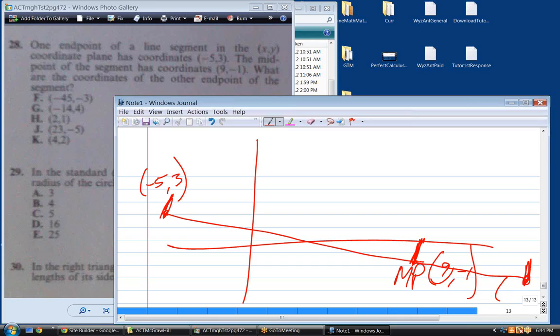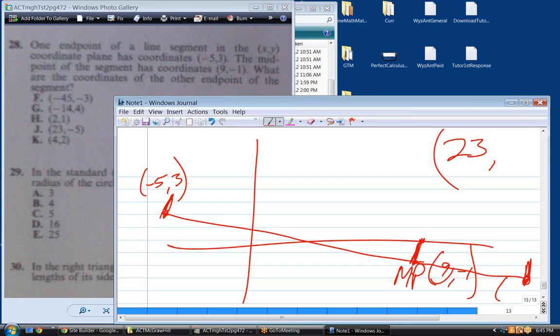Once you add 14 to 9? Yes, 23. That's my x-coordinate. Now, that actually gives me the answer. If you look at the answers, they only give you one that has 23 as the x-coordinate. Again, they're doing you a favor and only making you do half the work.